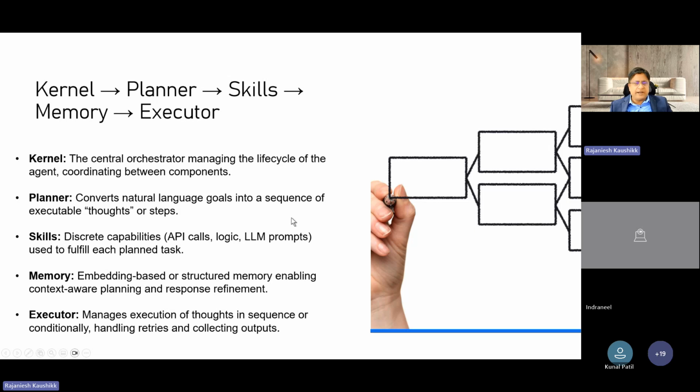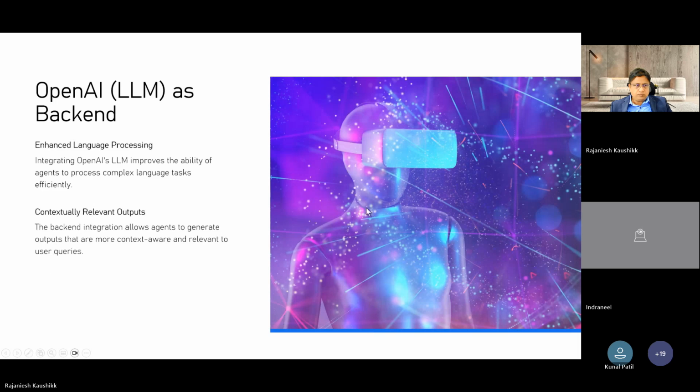And obviously the executor is required to execute these thoughts in a sequence, handle the execution process, and if an execution is interrupted, it can definitely handle the retries. Now, what are the other main components, like OpenAI LLM as a backend?